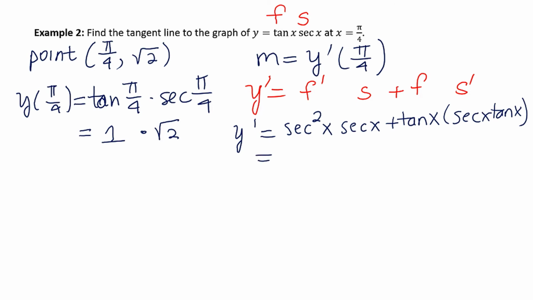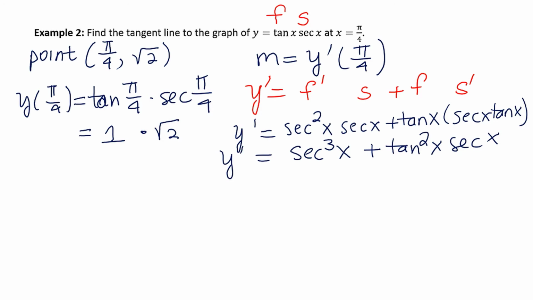Continuing, secant squared x times secant x gives us secant cubed x, and then we have a tangent x times secant x times tangent x, which would be tangent squared x times secant x.